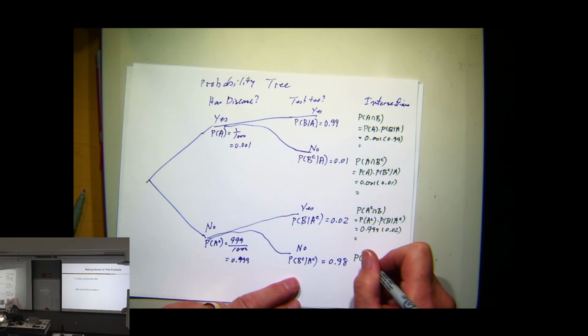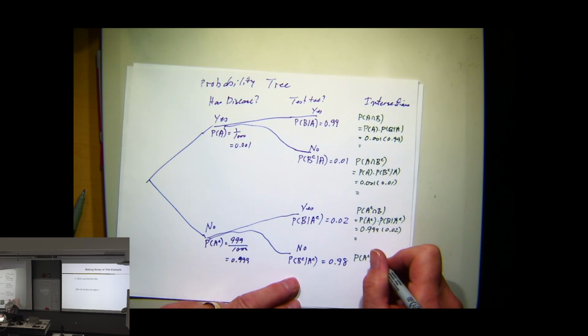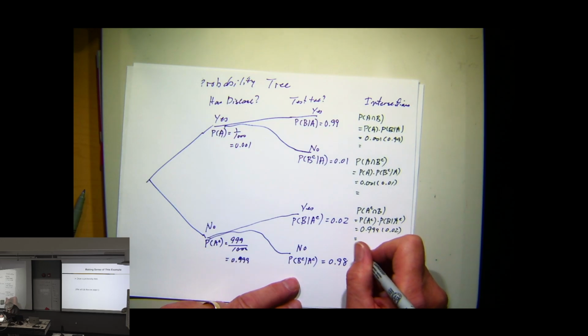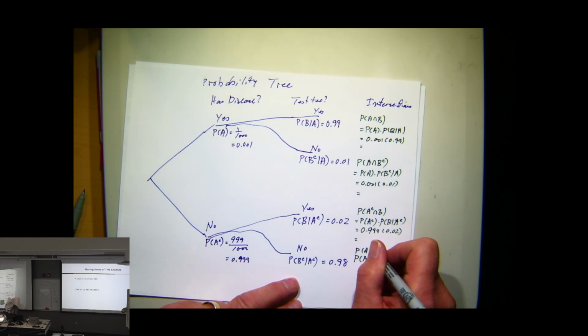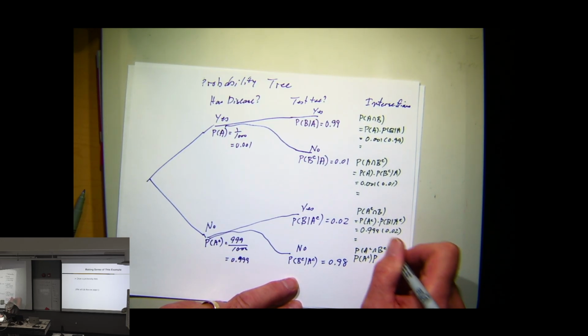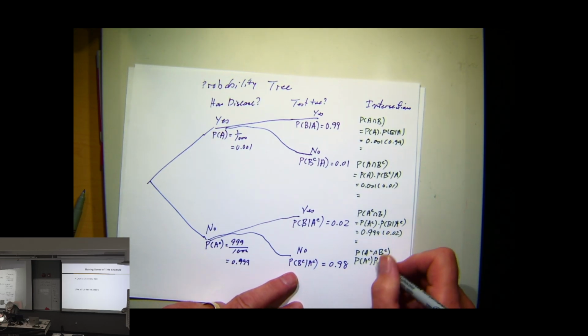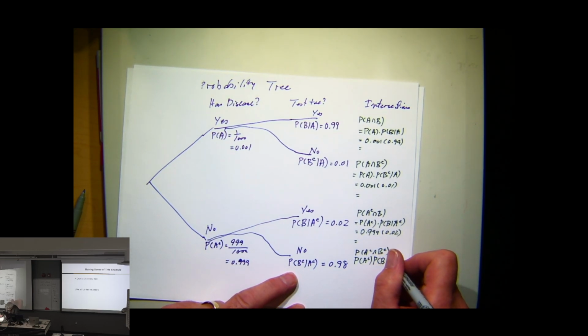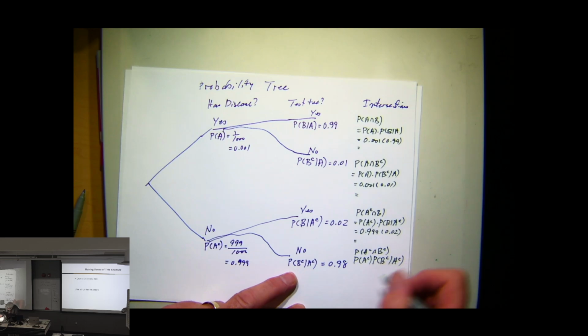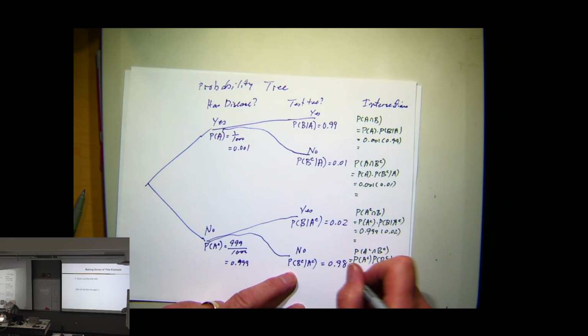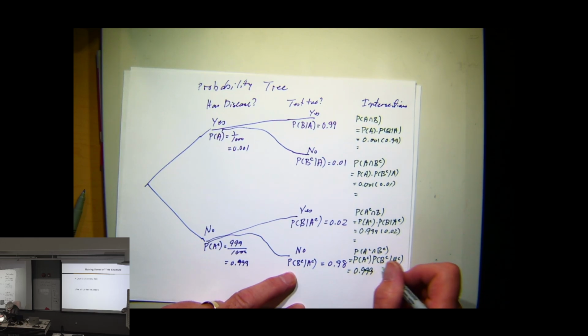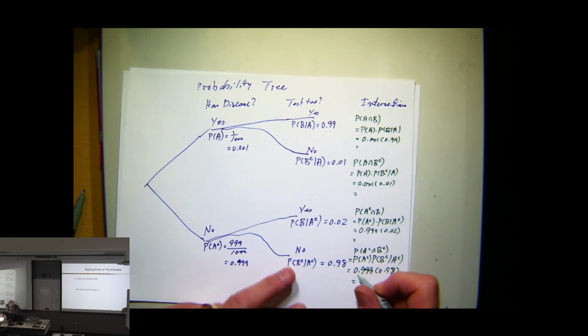That's not a big deal right now. It's just kind of grunt work. What did I have? Oh, I've got one more to write out here. The probability of A complement intersect B complement is the probability of A complement times the probability of B complement given A complement. And so that's going to be 0.999 times 0.98, and that's a number.